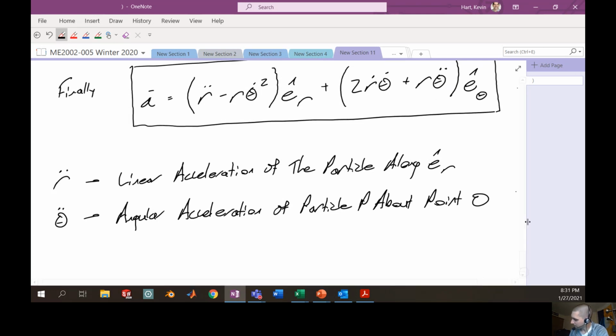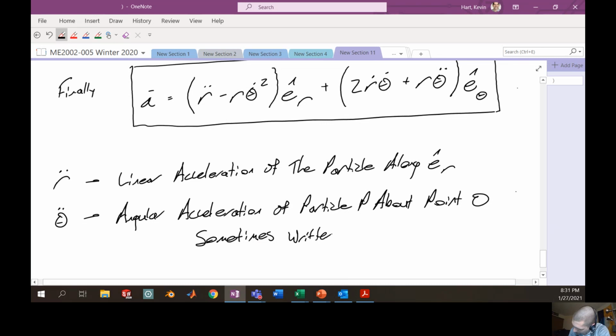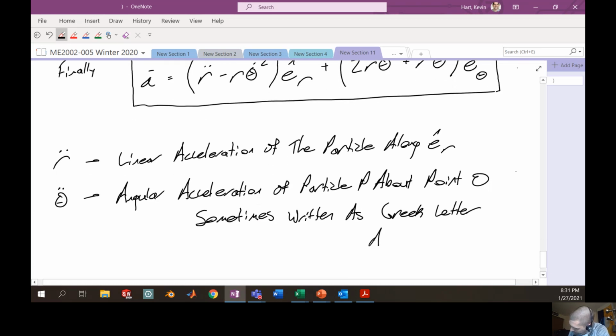Okay. This is also sometimes given the Greek letter alpha. Or fish, as some people like to call it, because it sort of looks like a fish.